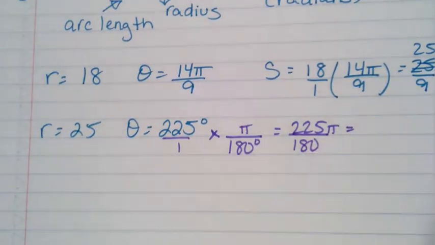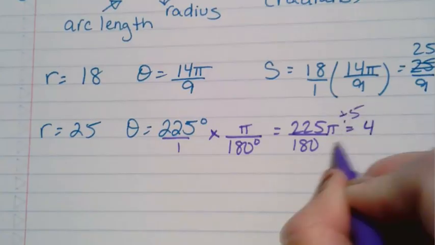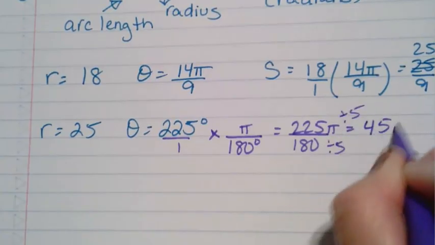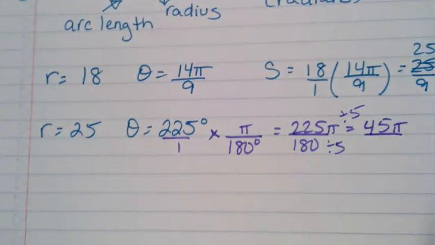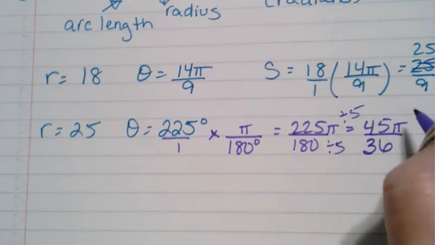Make sure I wrote that right. Yep. If I divide by 5, I get 45 pi over 36.